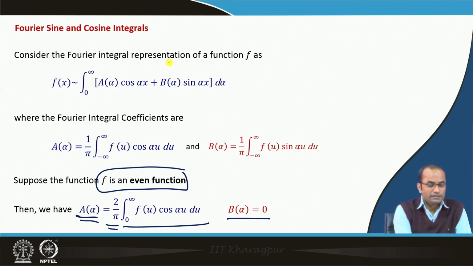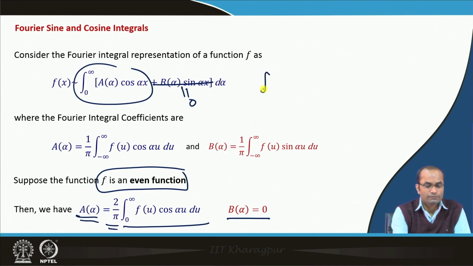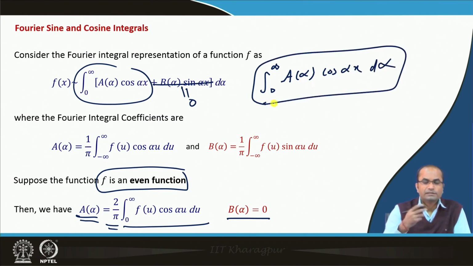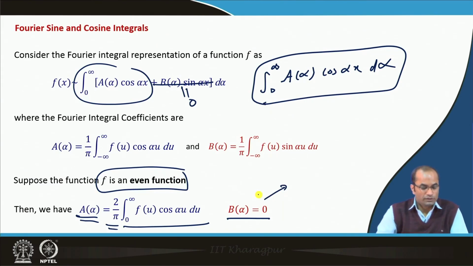So in the Fourier integral representation this term will vanish, and we have a rather simple integral representation, which is the integral from 0 to infinity of a alpha cos alpha x d alpha. This is again similar to what we did in the case of the Fourier series as well, where the b n's were 0 for the function f which is even, and for the odd function the other way round.